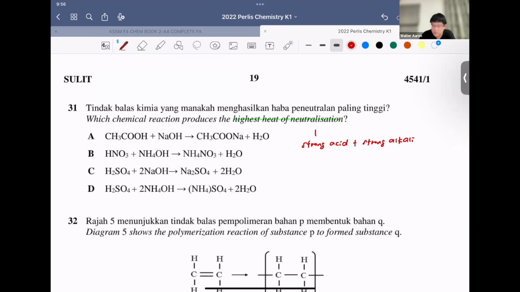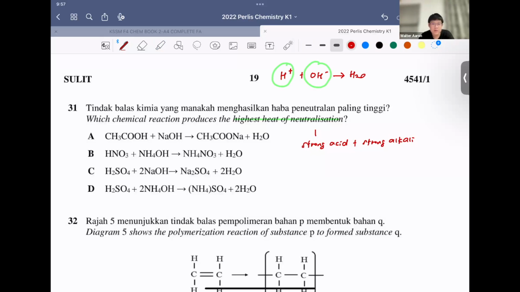The heat of neutralization is all about how much water is formed from the H plus and OH minus. The more H plus and the more OH minus, the more heat is released to the surroundings. So you have to choose a strong acid and a strong alkali, because they dissociate completely in water to produce a high concentration of H plus and OH minus.